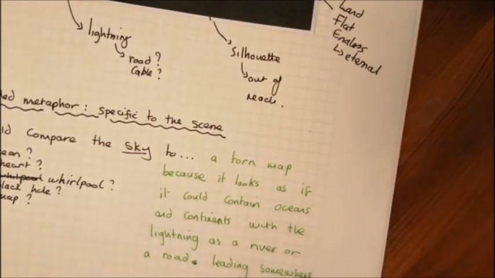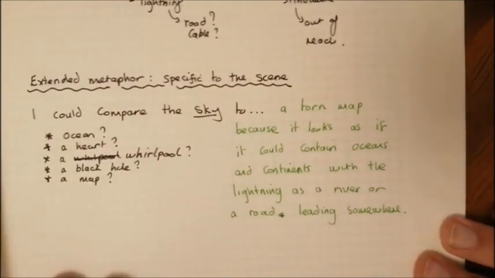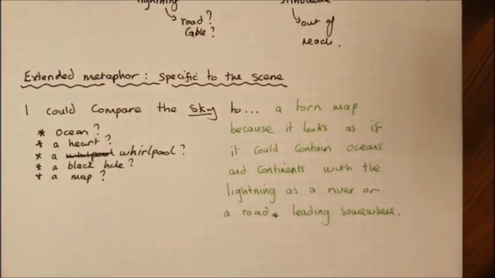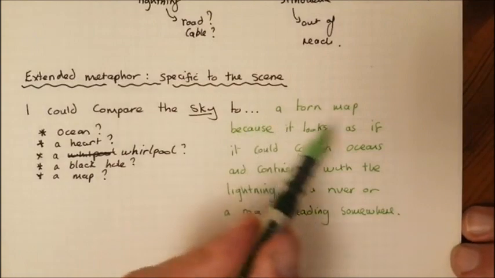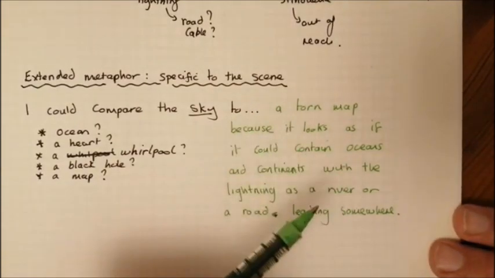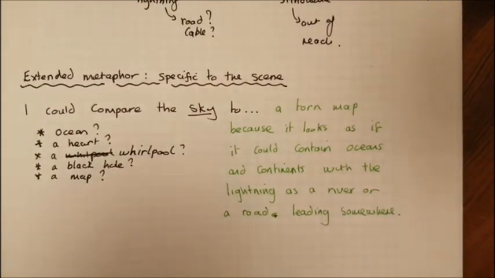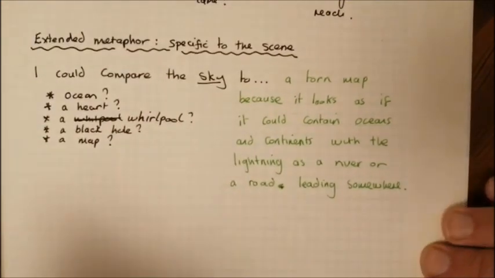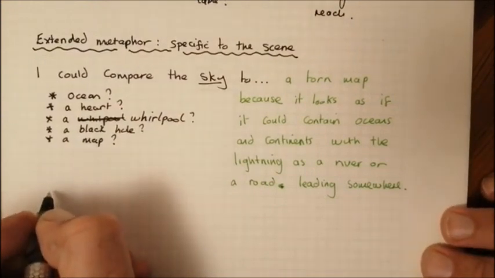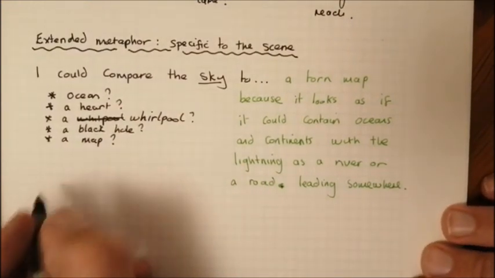Right, make sure you've got the example down. So you can see the way that I have processed that information and given my reason why. Because what I want you to do now is tell me what you think the sky could be.